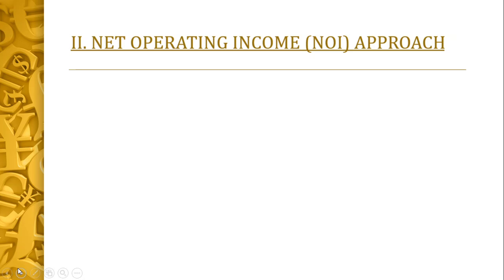That means whenever the debt equity portion is changed, it will have some effect on the value of the firm and thereby on the market value of the shares. That's when you will have changes in the value of the firm. That is what the net income approach tells.